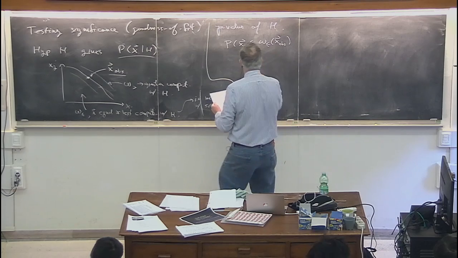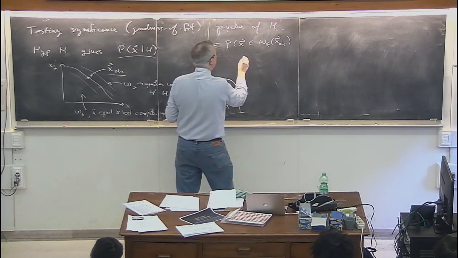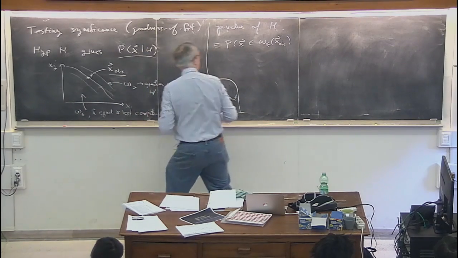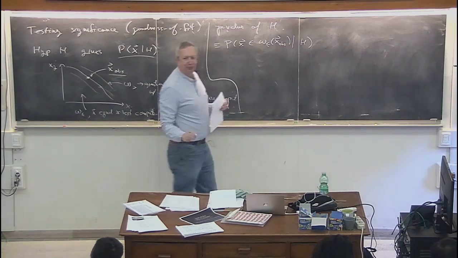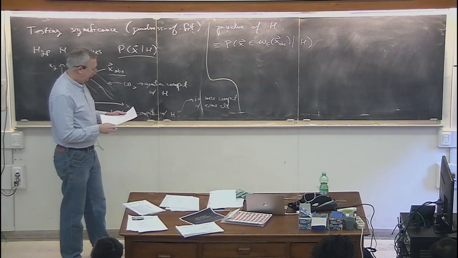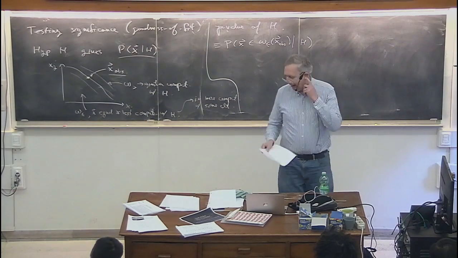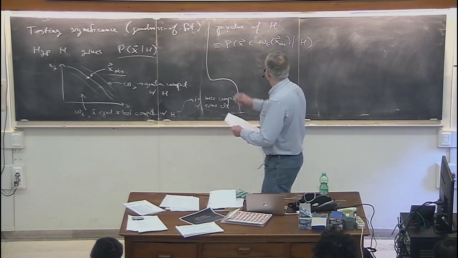All right, and so the p-value of the hypothesis is then defined to be the probability to find the data point in the region of less than or equal compatibility under assumption of that hypothesis. And that's the p-value. And so what's the basic idea? The basic idea is that suppose this number comes out small.